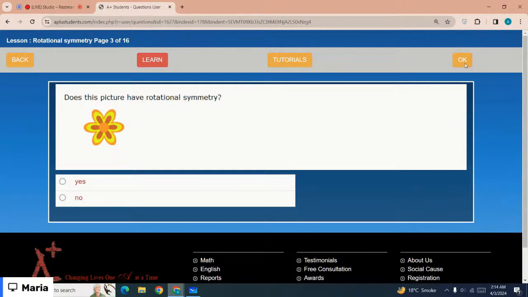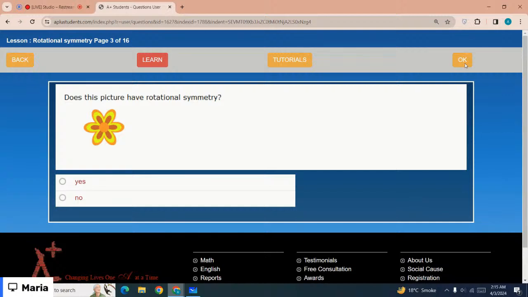Does this picture have rotational symmetry, which is the correct option? Yes, it is right.